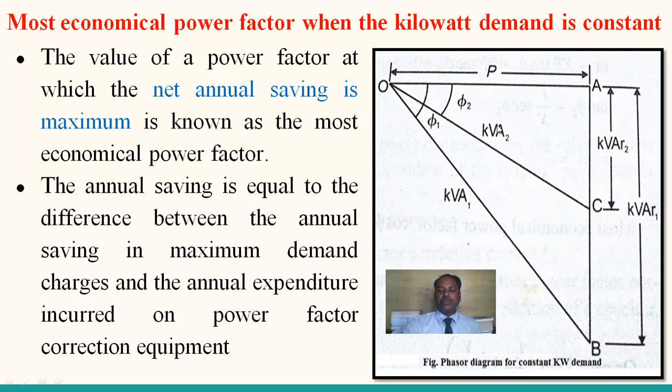So the kVA is drastically reduced from kVA1 to kVA2. Obviously the angle between these two will be reduced, so that the power factor is improved. Yes. So let us have some mathematical proof of how to define that the net annual saving is maximum, and how to define the most economical power factor when the kilowatt demand is constant.